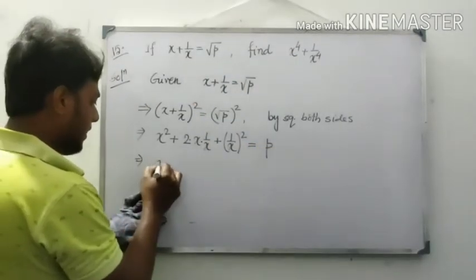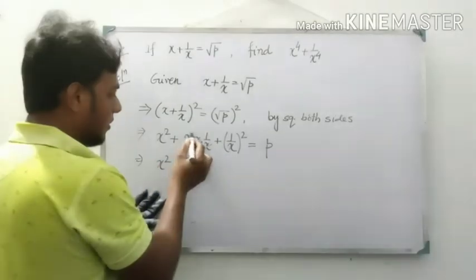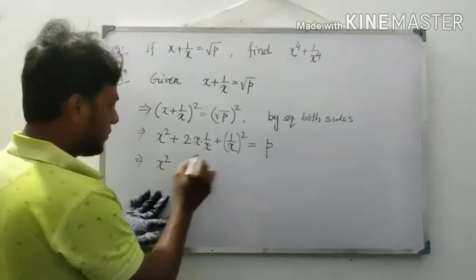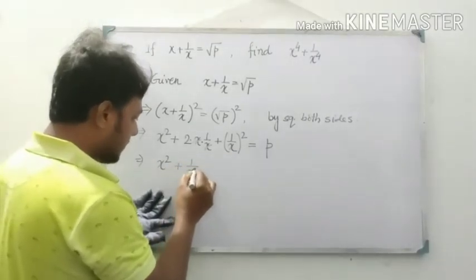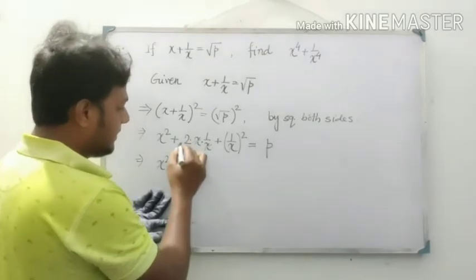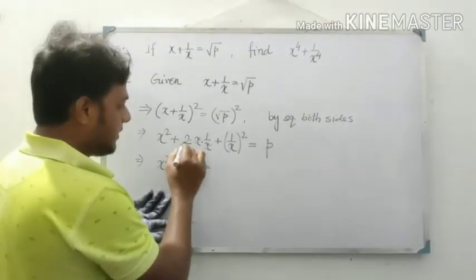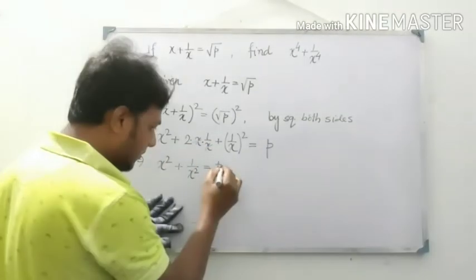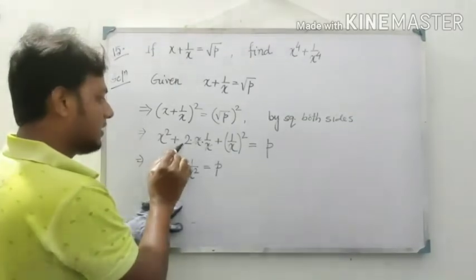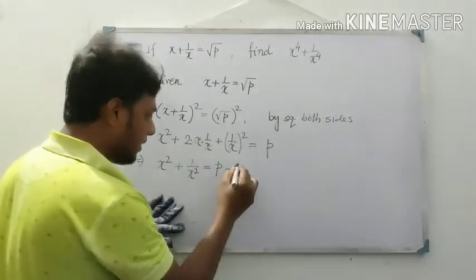Now x square, here x cancels out, so it is only integer part 2. So I am considering the second one, 1 by x square, and since this is the integer part 2, just take this term into the right hand side. Then on the right hand side there was already p, and if you move this 2 to the right hand side, it is plus on this side, so on that side it will be minus, so p minus 2.